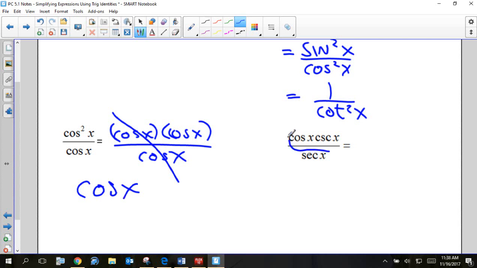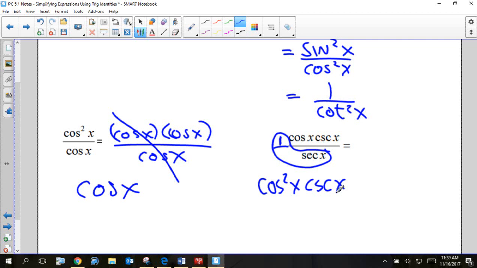This secant x is already 1 over cosine x, so that's actually just cosine on the top. So I can rewrite this as cosine squared x, because I moved the secant up. I can just move it up and change it to whatever the reciprocal is.